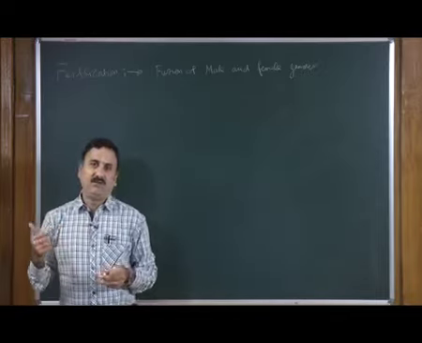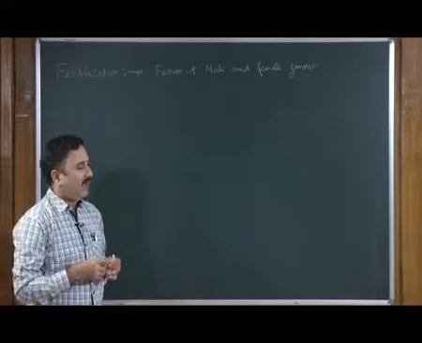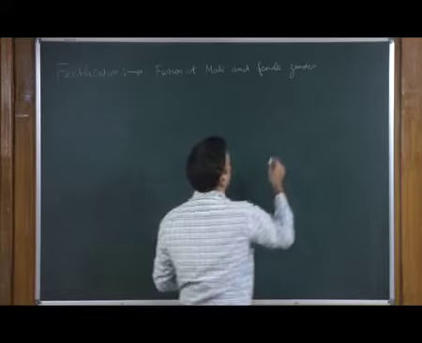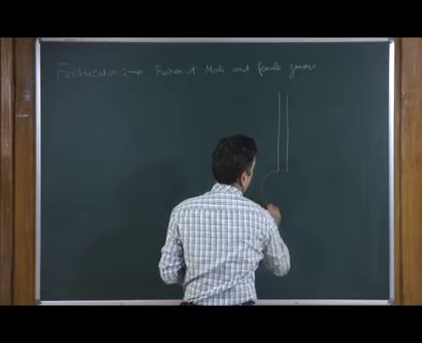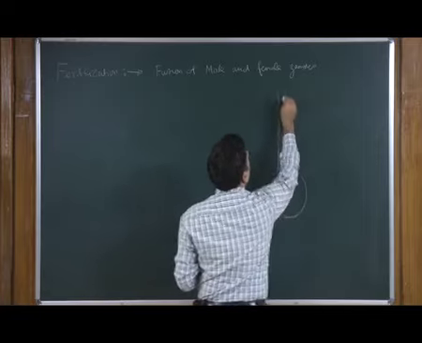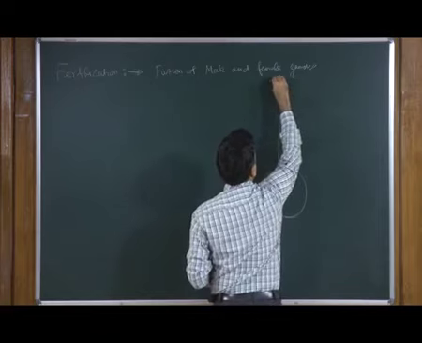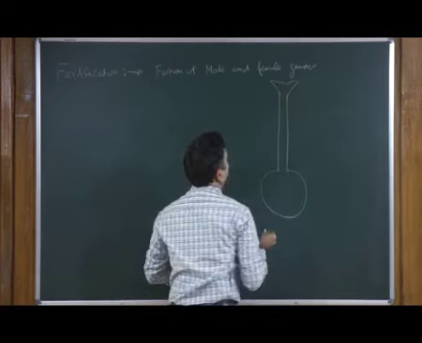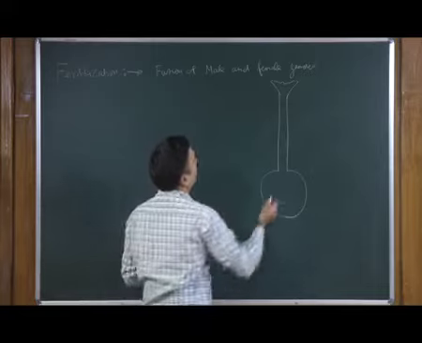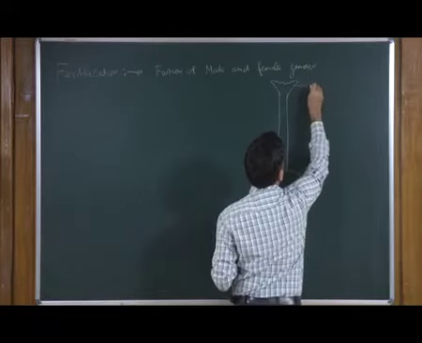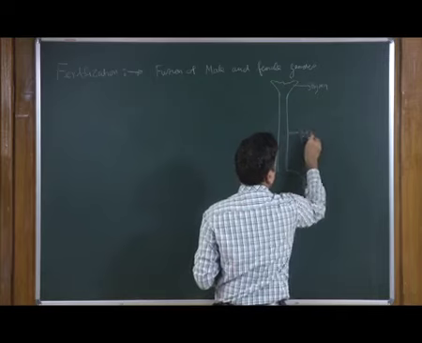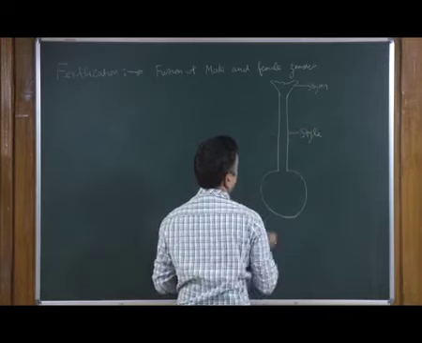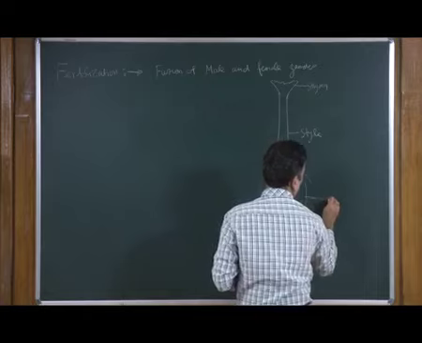During fertilization, we have multiple steps, and you can imagine a flower like this, where this is called the stigma, this is the style, and this is the ovary.